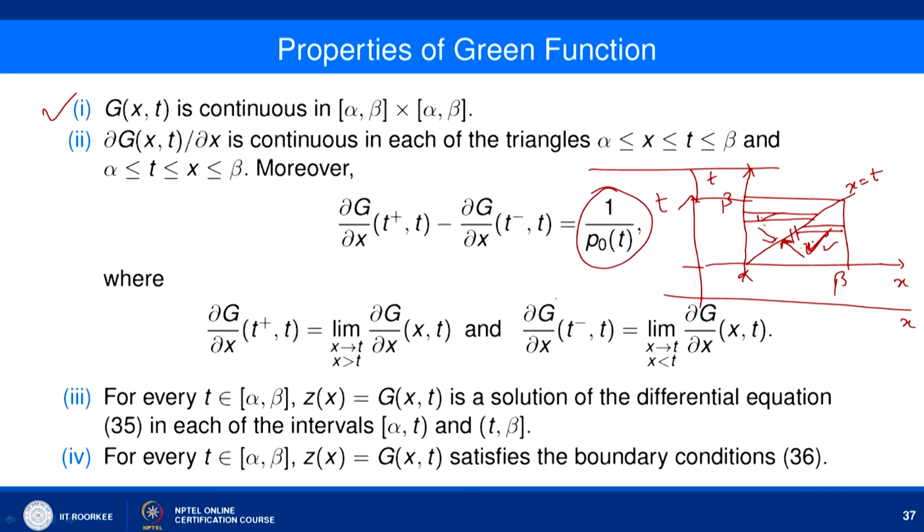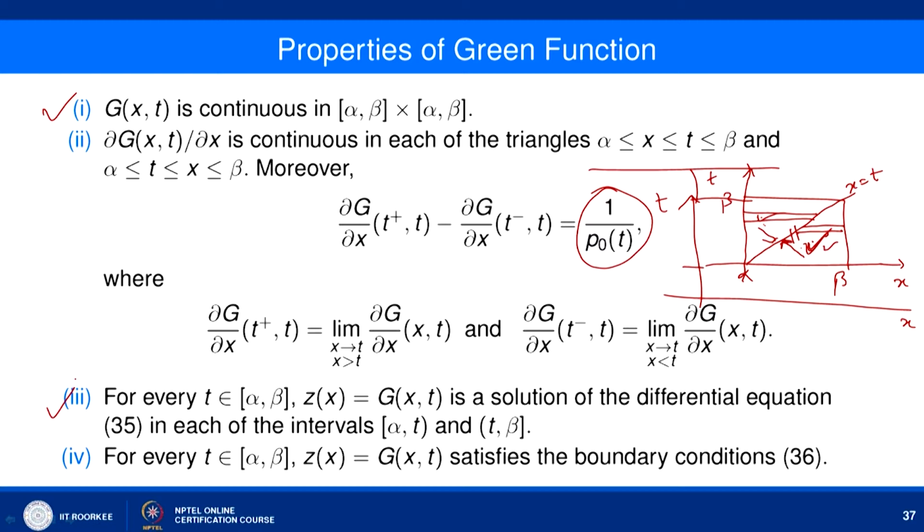This is the limit x tending to t when x is less than t of partial G by partial x (x, t). So, one is that G(x,t) is continuous, another is that partial G by partial x is continuous in each triangle, and on the diagonal it has a jump discontinuity given by 1 upon p naught t.